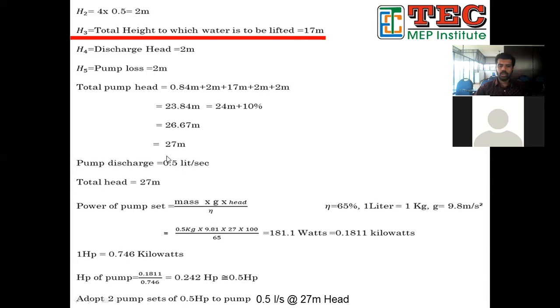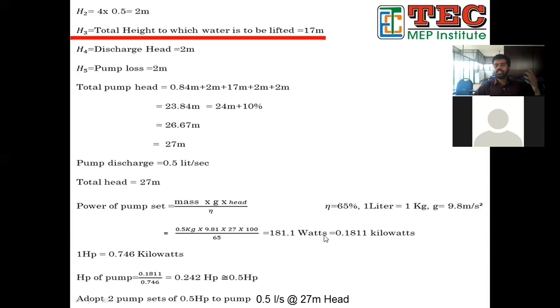Okay. So when you are going to buy a pump for this house, you can ask them like, I want a 0.5 HP pump of 0.5 liter per second at what is the head that you got? 25 meter head.